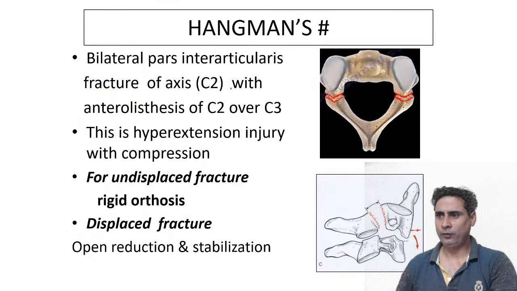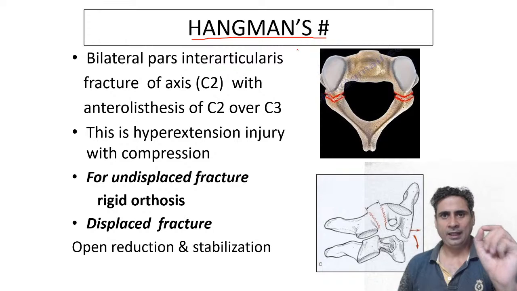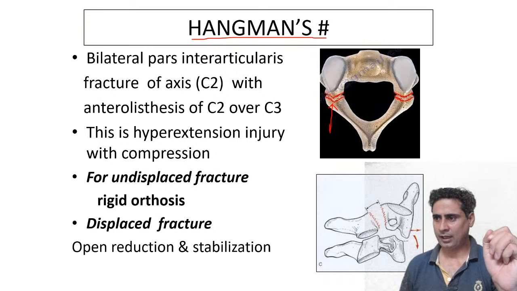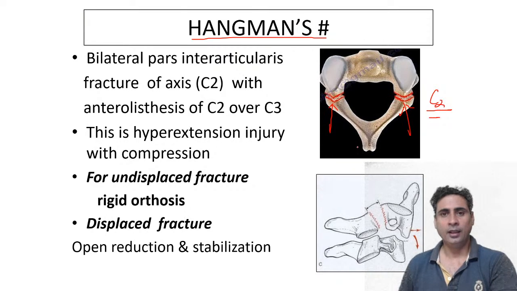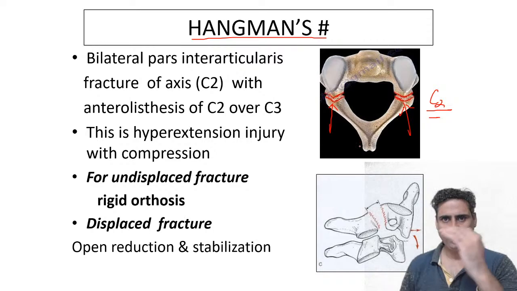The second type of fracture in the cervical spine is hangman's fracture, where there is a bilateral fracture in the pars interarticularis or isthmus of C2. What is pars interarticularis or isthmus? It is the area of the vertebra between the superior articular facet and the inferior articular facet.